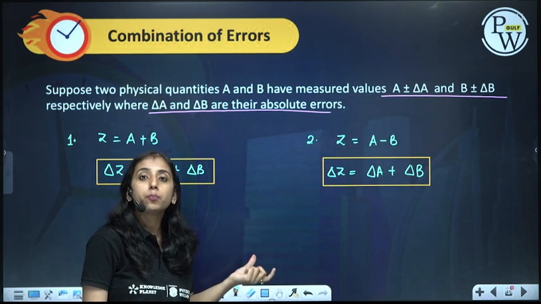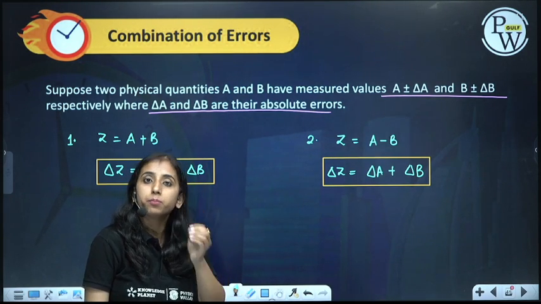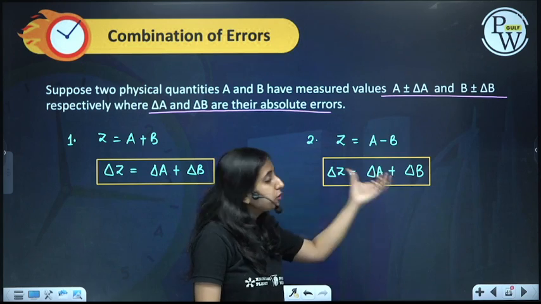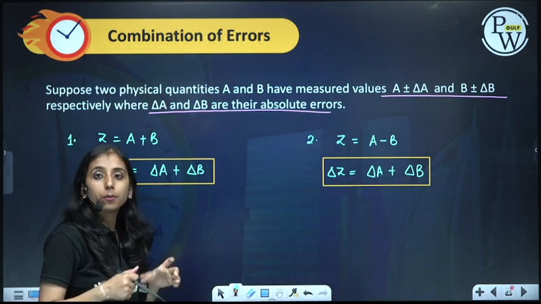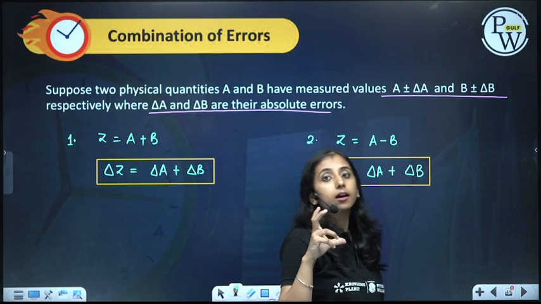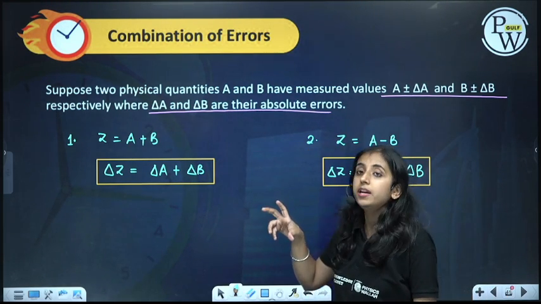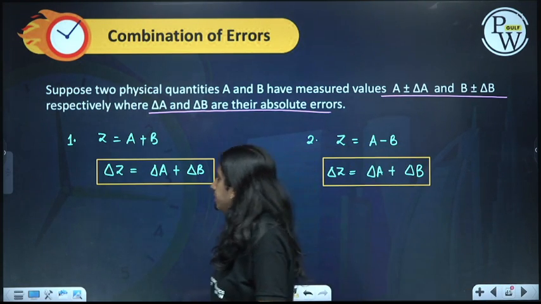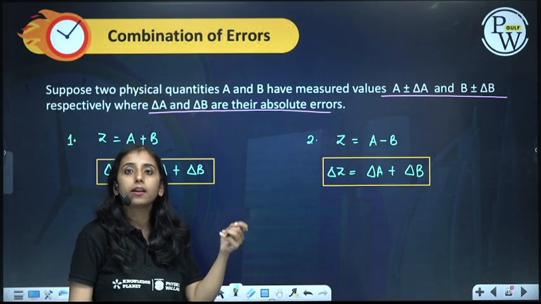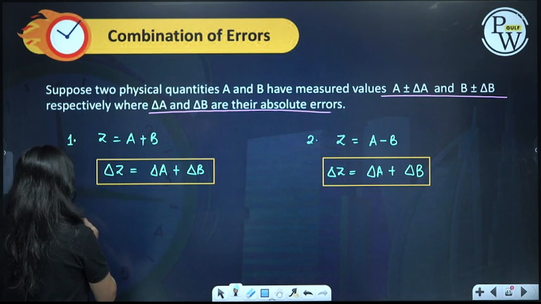We always report error as maximum permissible error. So we have to add both the errors. If we have addition or subtraction of two quantities, the error in that quantity will be the addition of their mean absolute errors. Delta Z will be equal to delta A plus delta B.